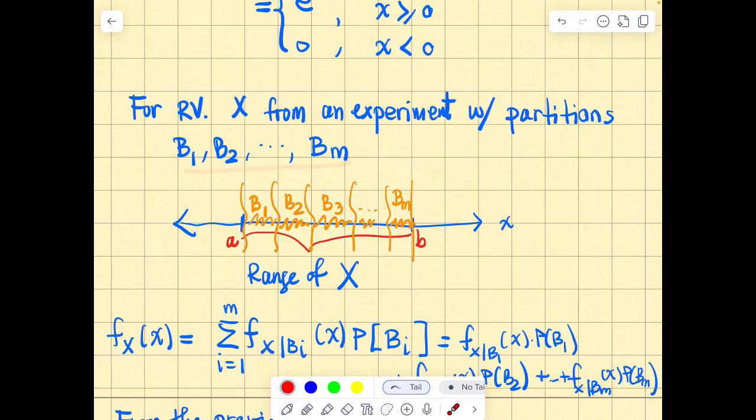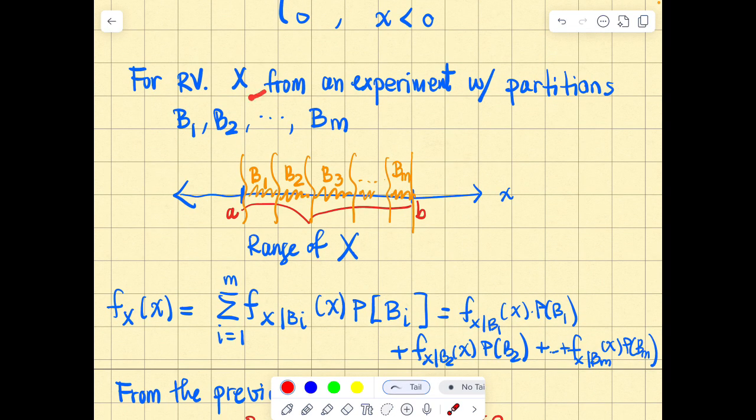So let's look at some random variable x. So x is from some experiment, and the outcome of the experiment is between a and b, right? So the random variable x is between a and b, and in this range of x, there are different events that cover different parts of this range of x.